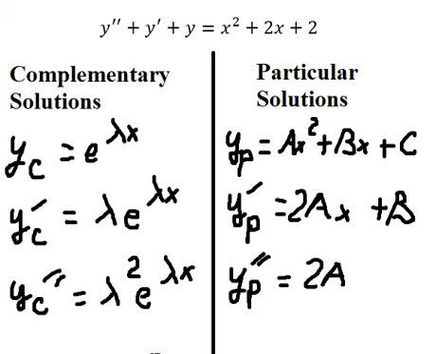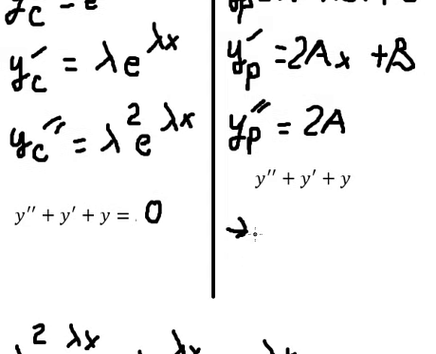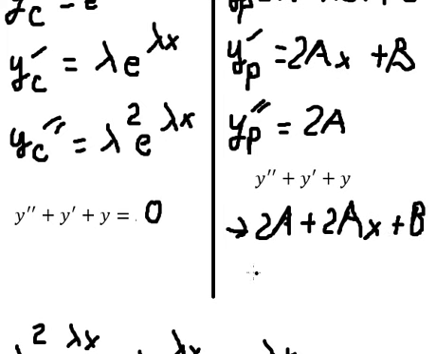Now we have this one in here. So I will put this one here, this one here, and this one here. And now we have 2a plus 2as plus b, and we have as squared plus bs plus c.